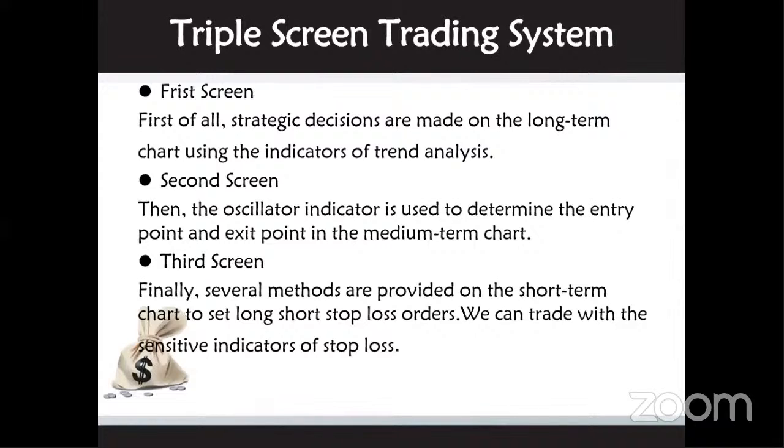Because as we said just now, this triple screen trading system can be used on many different trading markets, right? We see the stock market, futures, and also forex. We know only in the Malaysian stock market we can only buy long, but in some other stock markets, and also in futures and forex, we can not only buy long but also do short selling.